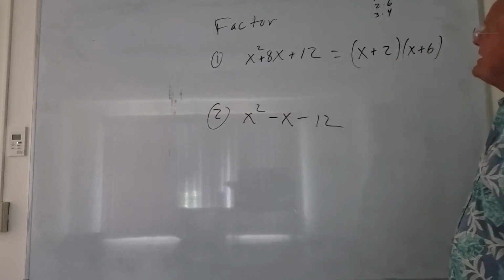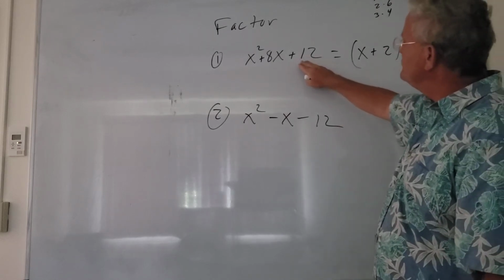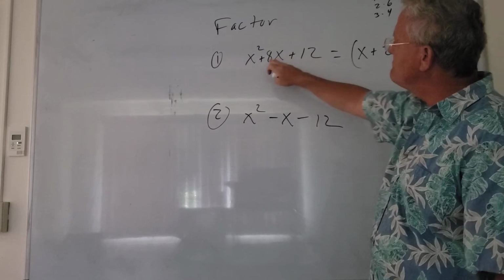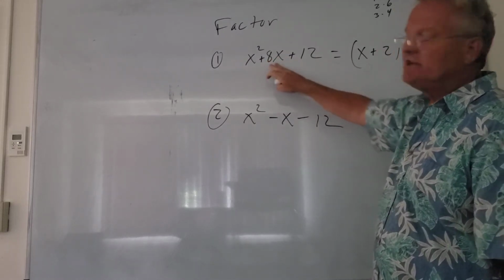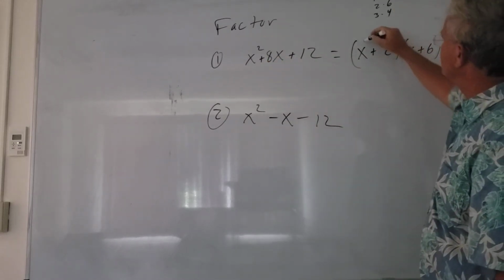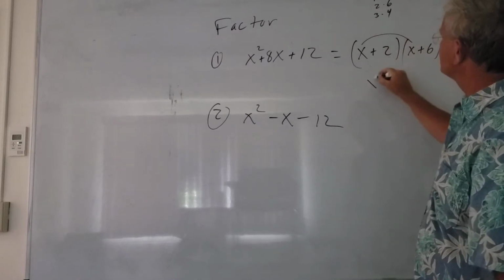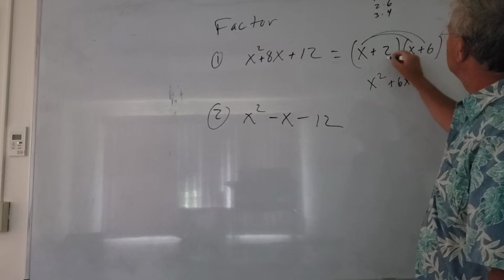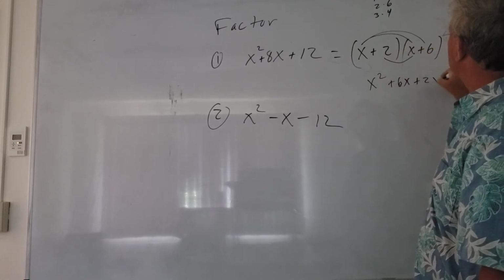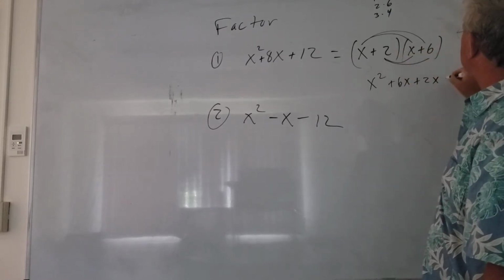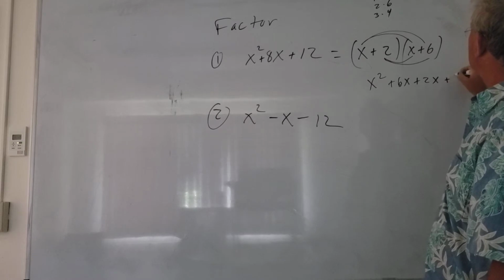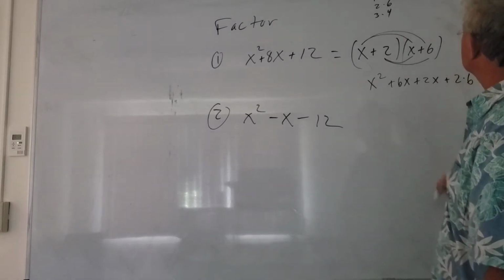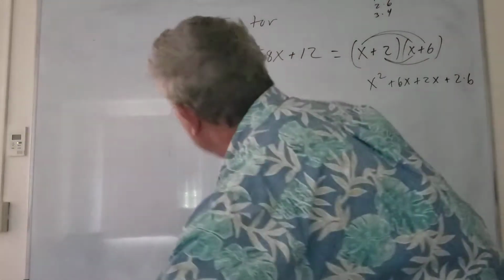Now the reason why we ask the question, what two numbers multiplied give us 12 but added give us 8, is because look what happens when we multiply this. This is x squared. This gives us 6x. This gives us 2x. And this is 2 times 6, well, it's 12, I'll write it as 12.